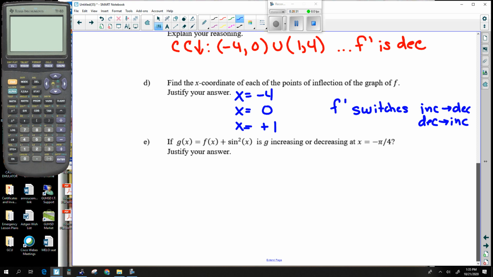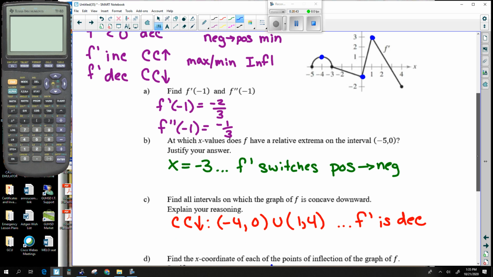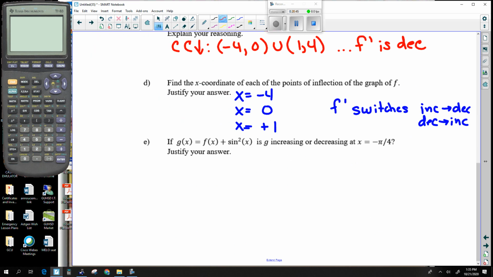Okay, if g is equal to this, is g increasing or decreasing at x equal to negative pi over 4? All right, it's kind of a weird question, but I'll handle it. So increasing or decreasing is the derivative. So let's take the derivative of g.